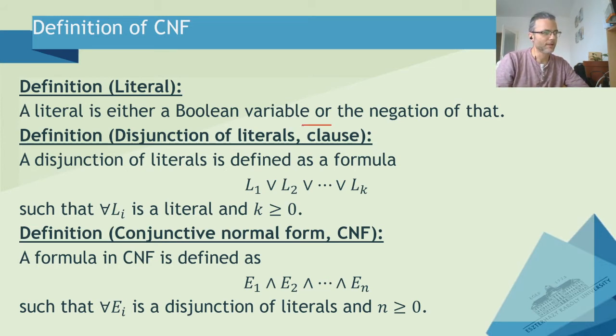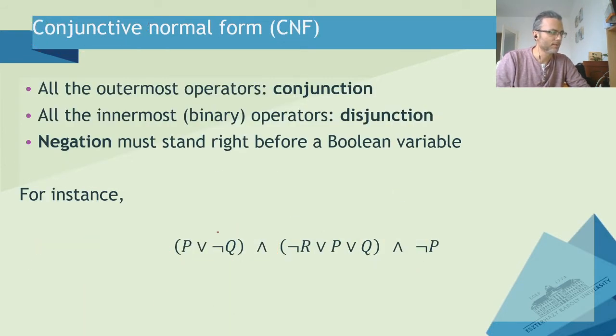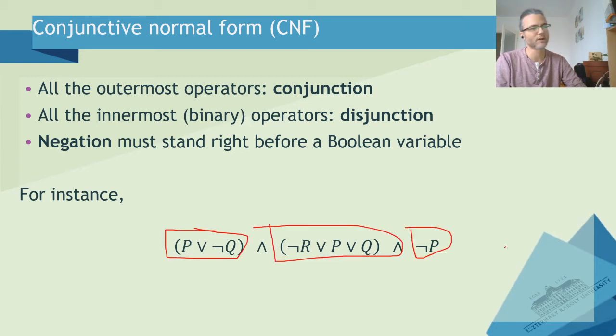Let me draw your attention to this very important term, clause. I'm going to use this term a lot because, as I already told you, CNF is the more important normal form. DNF is not that important. CNF is the important one. A CNF consists of lots of clauses. For example, here we have one clause, another clause, and a third clause. So we have 3 clauses.